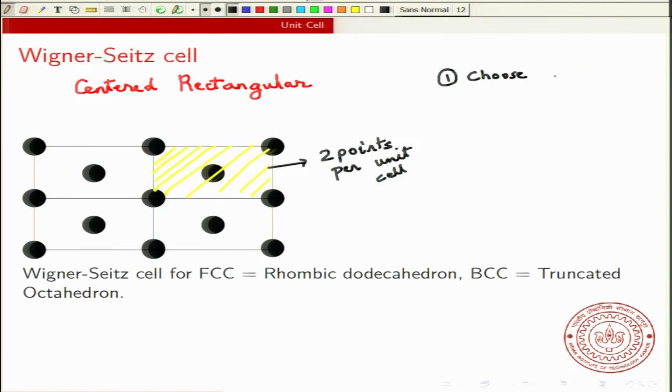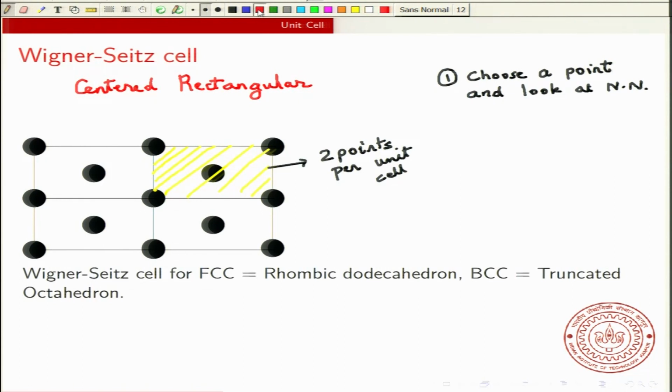I should not say atom, I should really say point, because what we have considered here are just points. And look at nearest neighbors. NN stands for nearest neighbors.